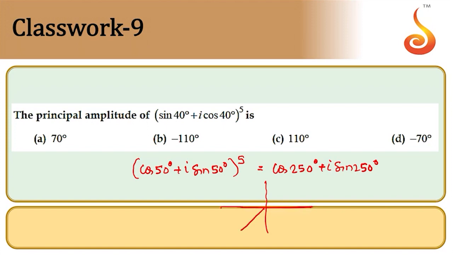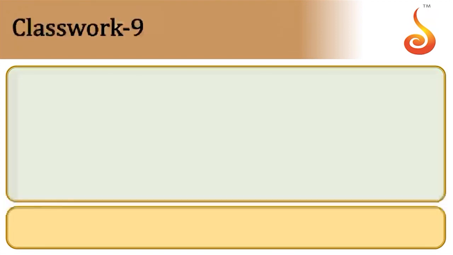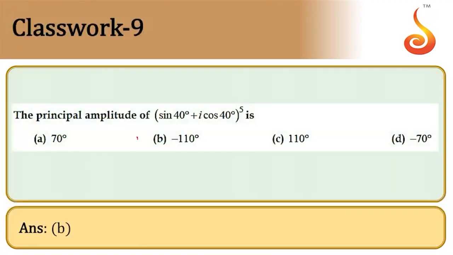So the principal angle we talk about is this angle. It means 250 degrees minus 360 degrees will give you minus 110 degrees. Option B is correct.